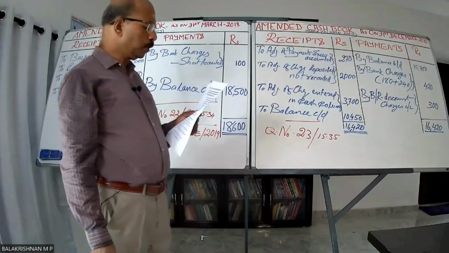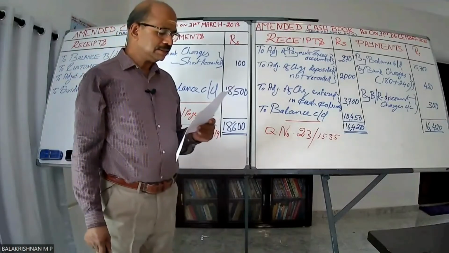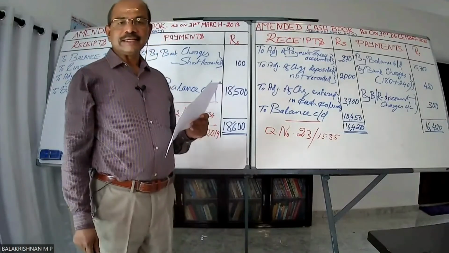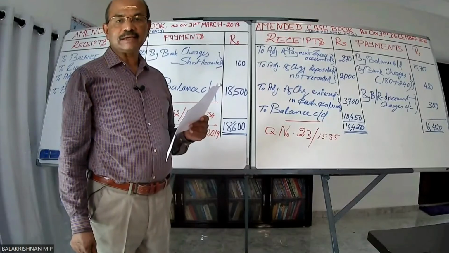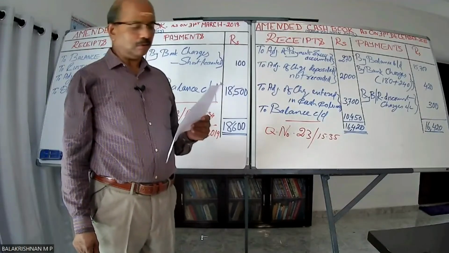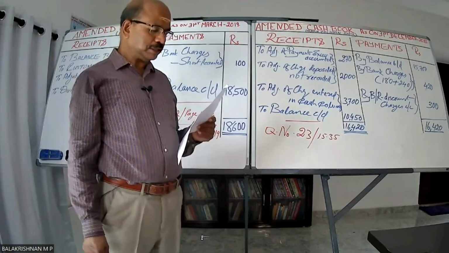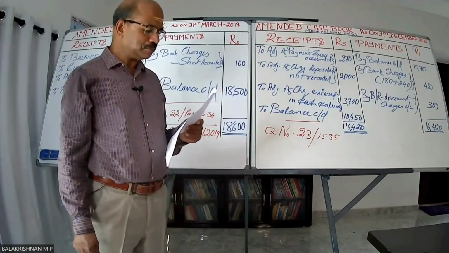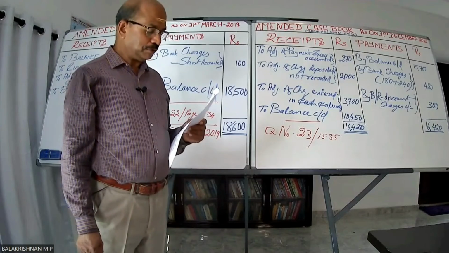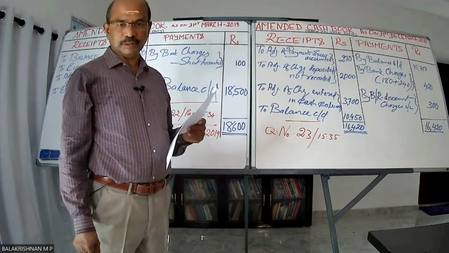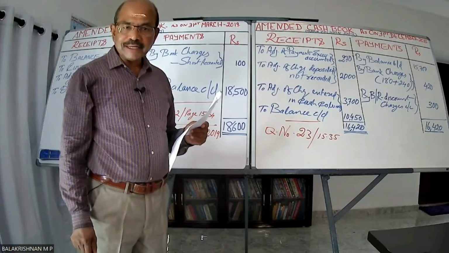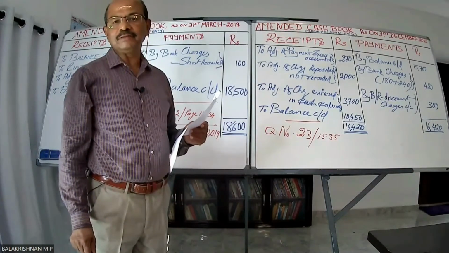You tell me, 270 rupees. Check issued has been excessively credited in the bank account. Is it not? That's what they say. Check of 4,250 issued to a creditor has been entered in the cash book as 4,520. Difference is obviously 270. So cash book has been excessively credited with 270.